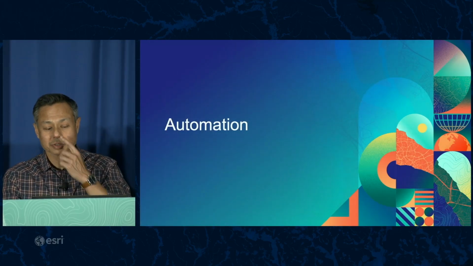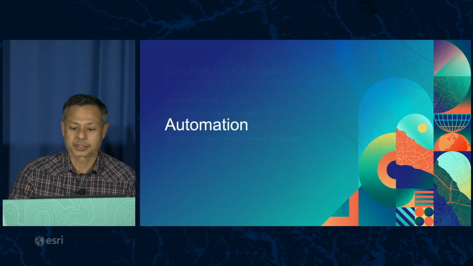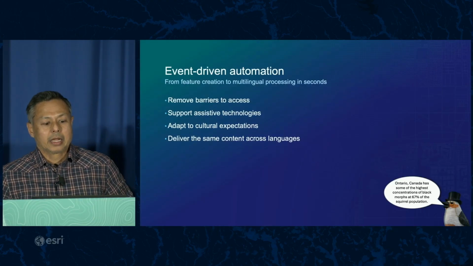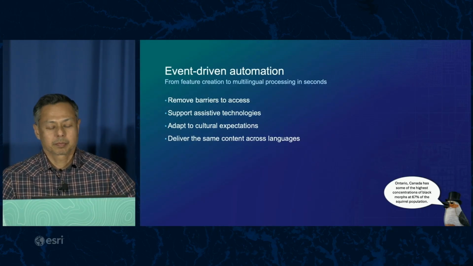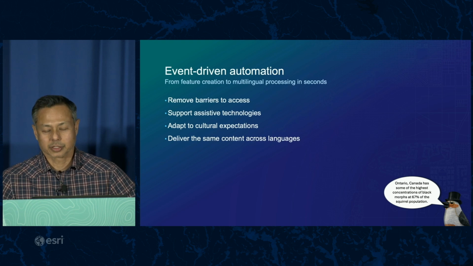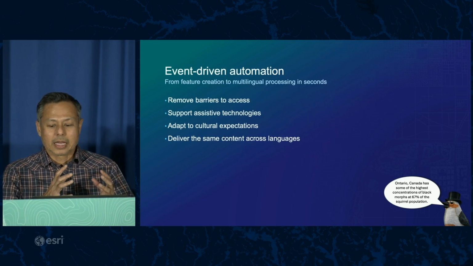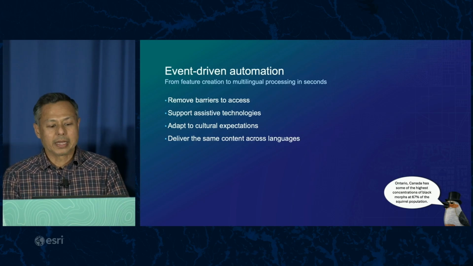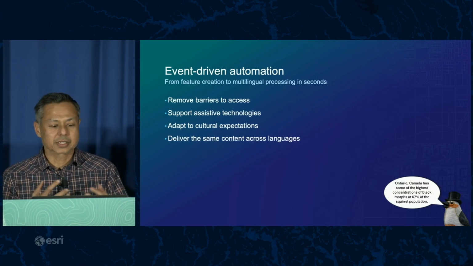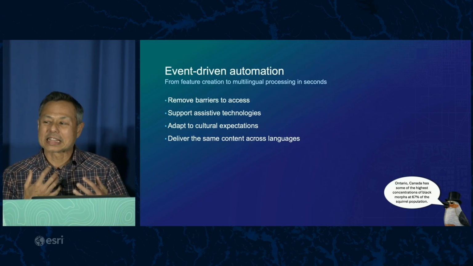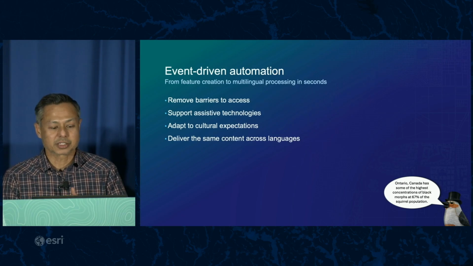Okay, so let's really dive into the automation side of things here. Now, the architecture of the project solution that we implemented, it really starts with understanding that we have to remove barriers to access, right? So it really comes down to how do we get from point A to point B and understand how we can make things easier in terms of accessibility.